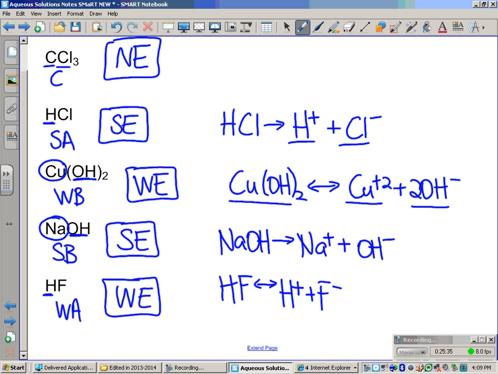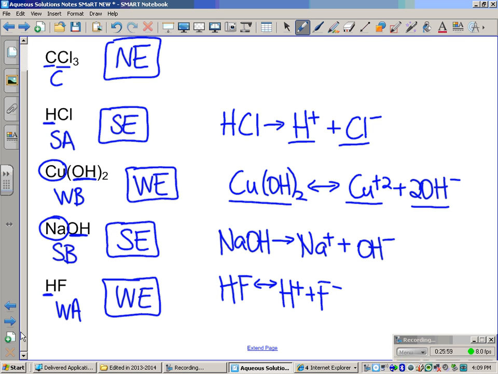So the classification of these is very, very similar to the process you follow for naming. In naming, we have to look, is it acid or base? Is it covalent? Is it ionic? That's the exact same process you want to go through here. If it's an acid or a base, you then have to ask yourself, is it a strong acid or a strong base? Or is it a weak acid or a weak base? Because that will tell you strong or weak electrolyte.